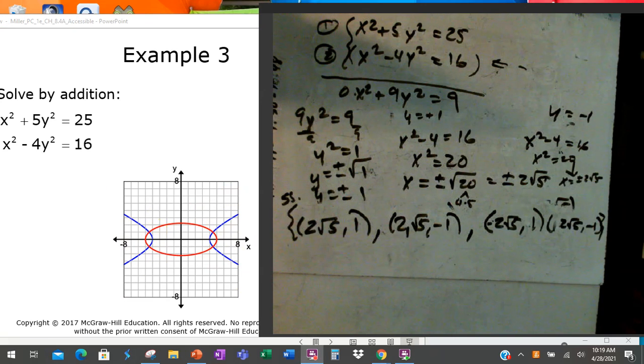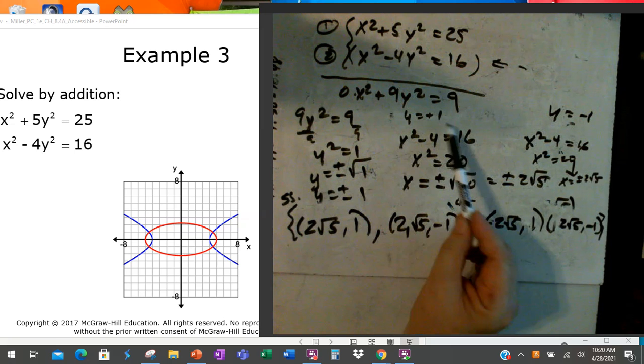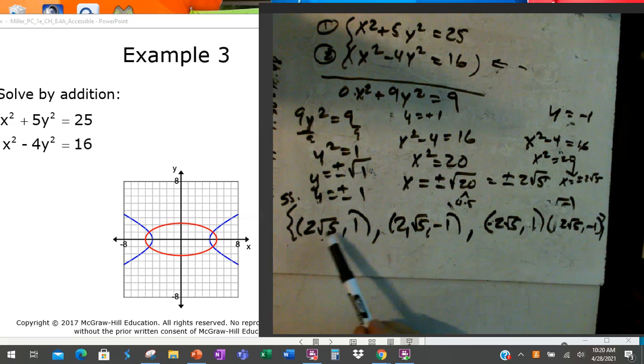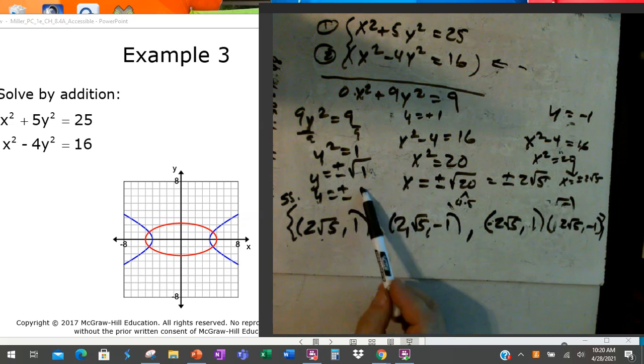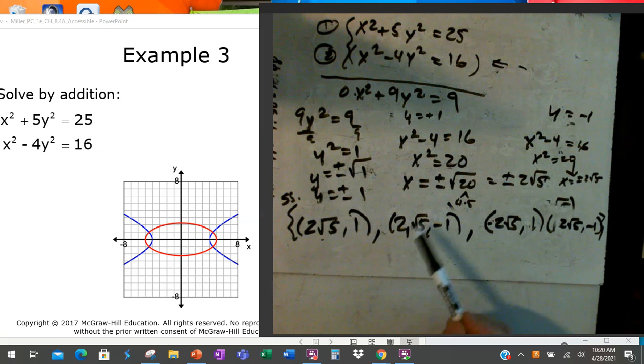So I made a correction on here. I had this thing switched around. These were the y values, okay, and here are the corresponding x values, and I should have had x, y. So for each one of these, plus square root of 20, which is the plus 2 square root of 5, I had a plus 1, that's the plus 1, and then 2 square root of 5 minus 1 for this version, minus 2 square root of 5, okay?